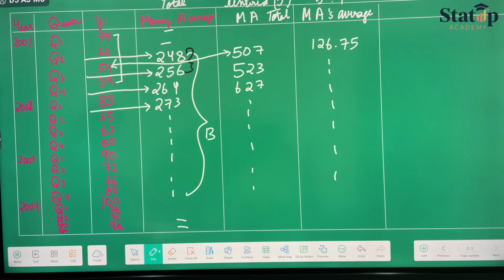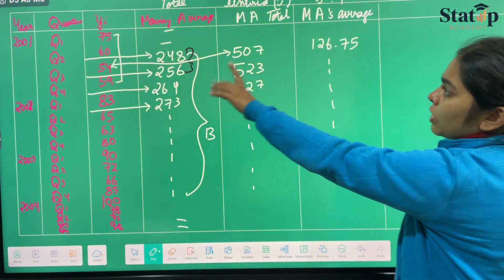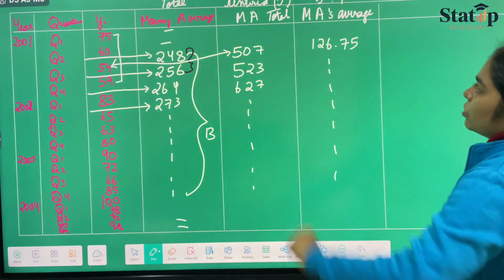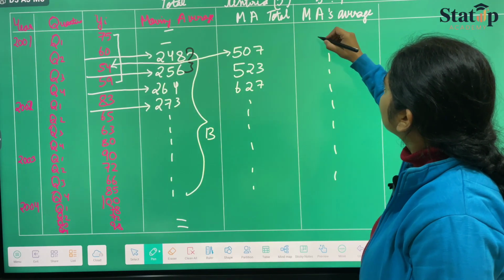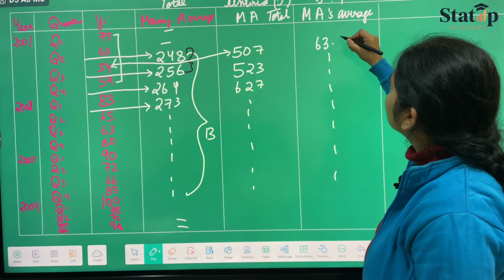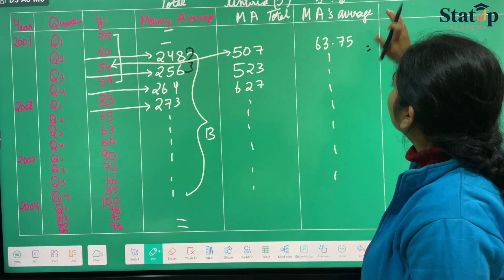Now the ratio to moving average method is nothing but, if we divide this, now we have to calculate the percentage. This as a percentage of the original value. So here we'll divide it by 8.